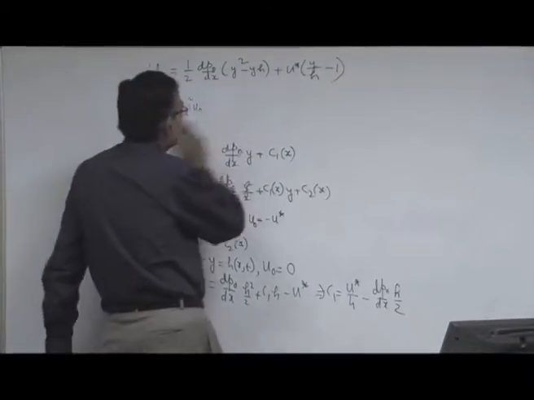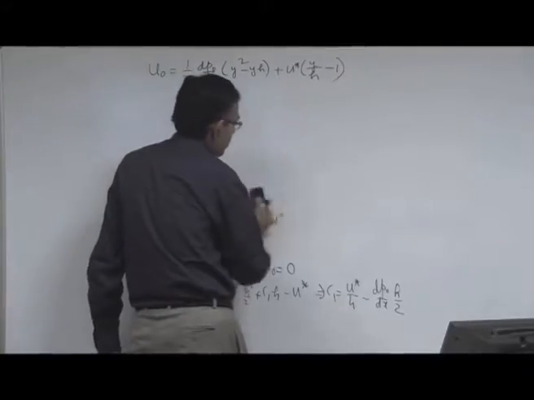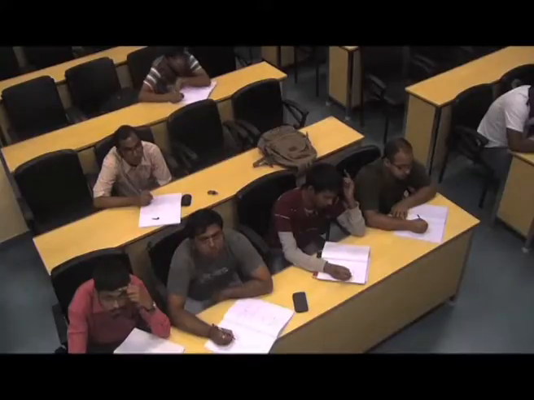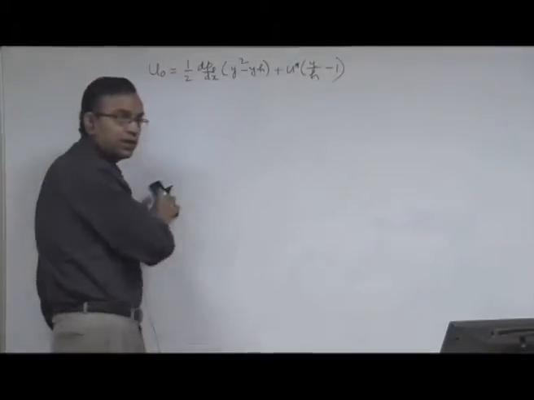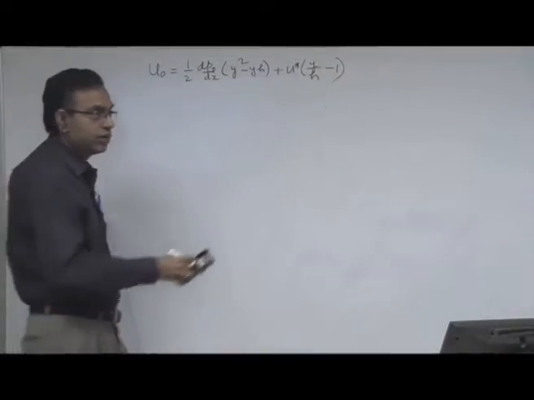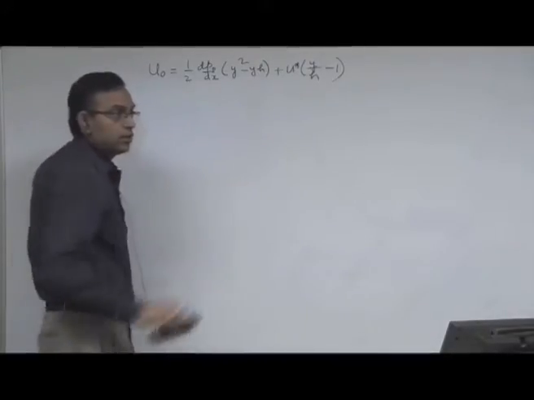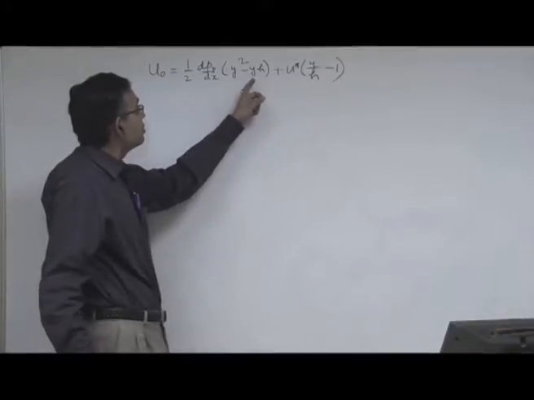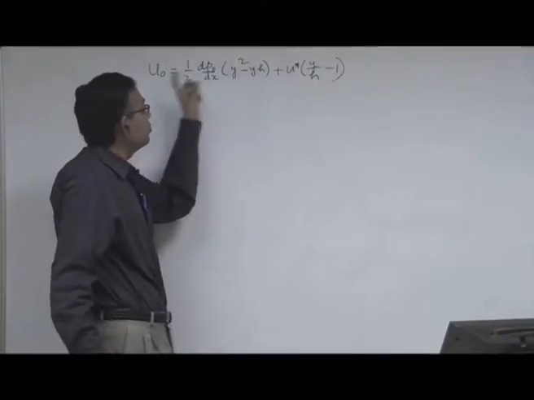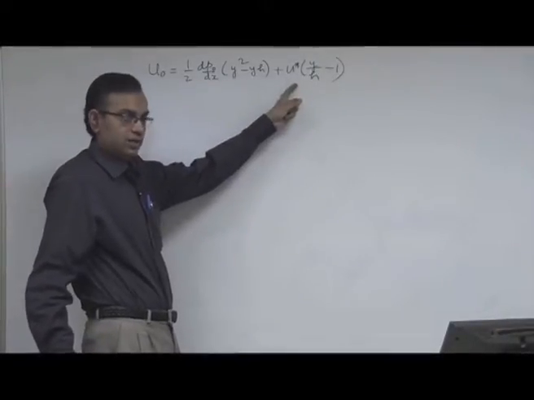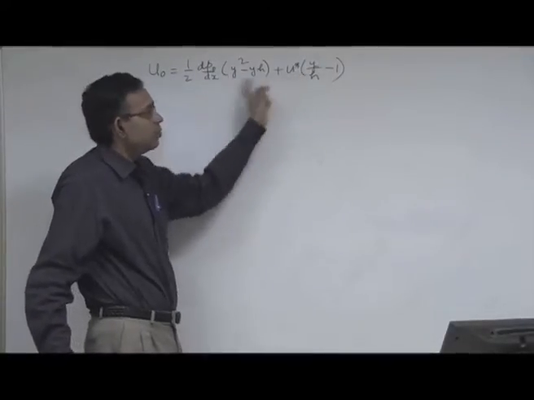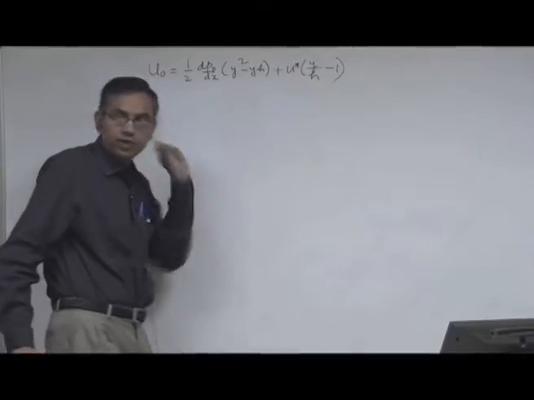So, just check, this is always a nice thing to do when you solve a problem: after you solve the differential equation, you check at least that the boundary conditions are satisfied by the solution. So, at y equal to 0, u0 is equal to minus u star, and at y equal to h, both the terms are 0. So, u0 equal to 0.